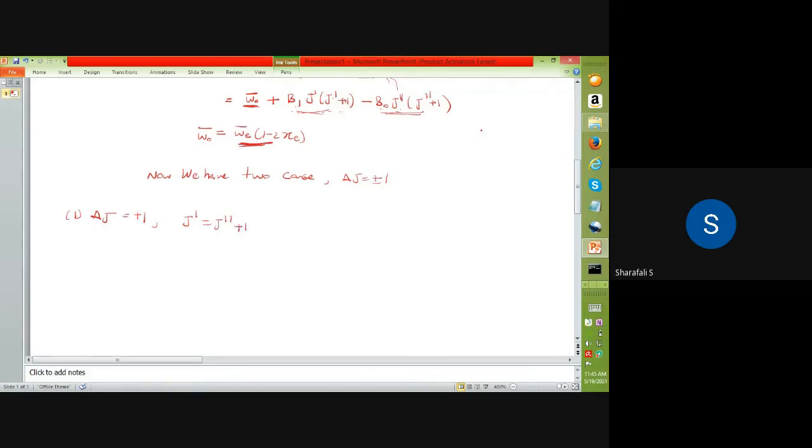What is this delta J equal to plus 1? Delta J equal to plus 1 means your transition is from the ground state to the excited state. So that's why you are putting J' equal to J'' plus 1. So J'' is your ground state or the lower state. So from that, you have to move plus 1.